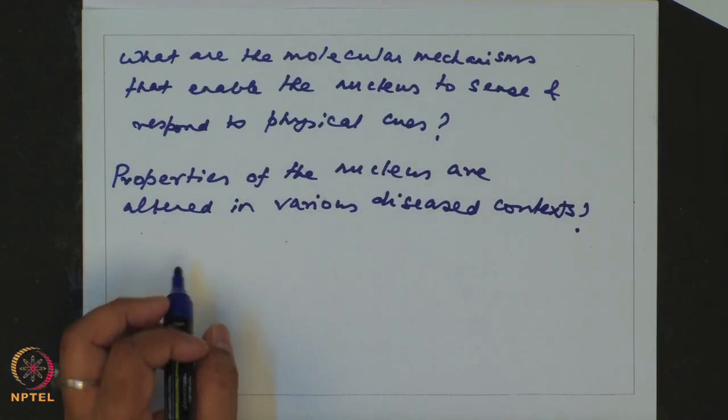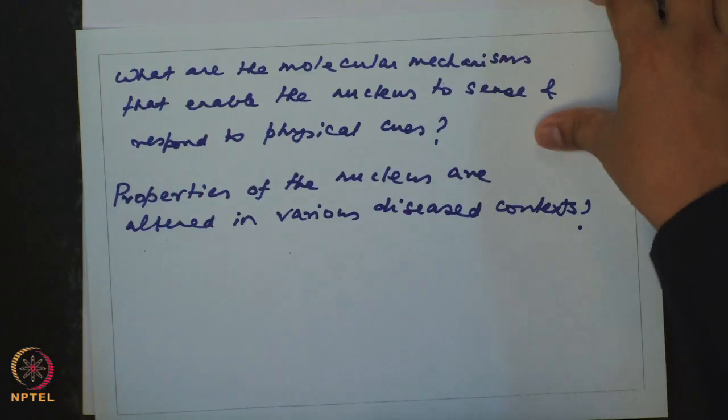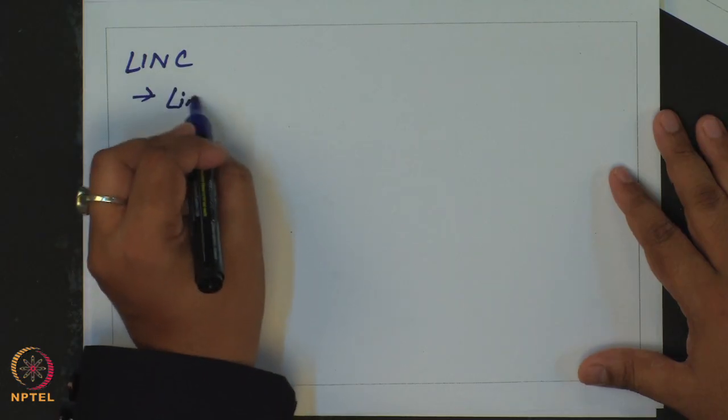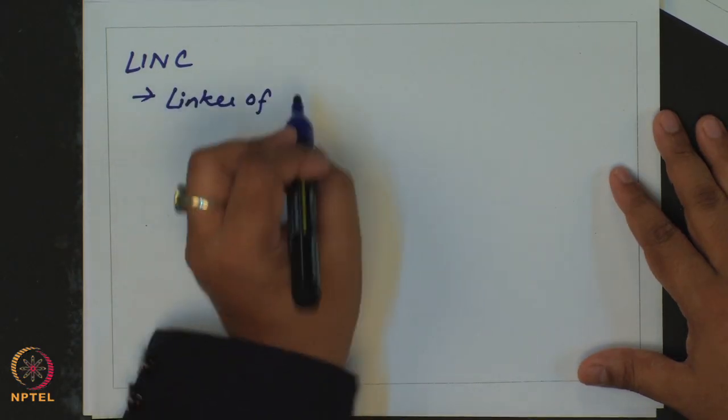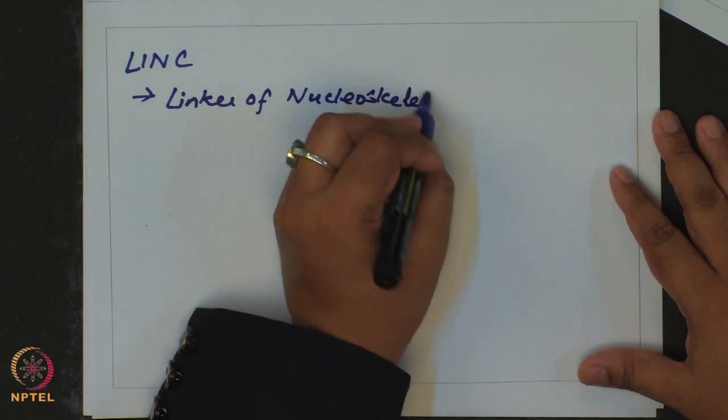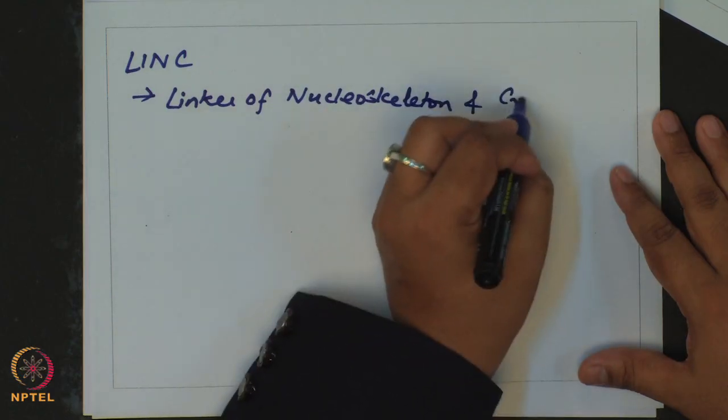In this regard, I would like to introduce this complex called LINC. LINC is a short form for linker of nucleoskeleton and cytoskeleton.